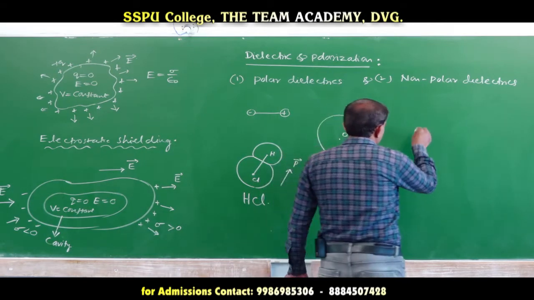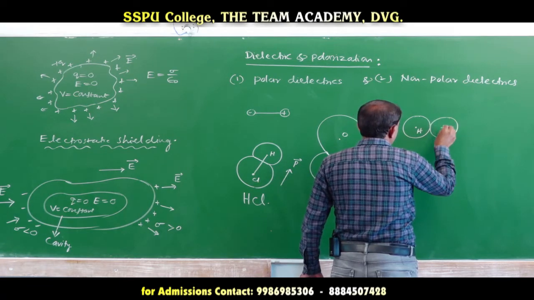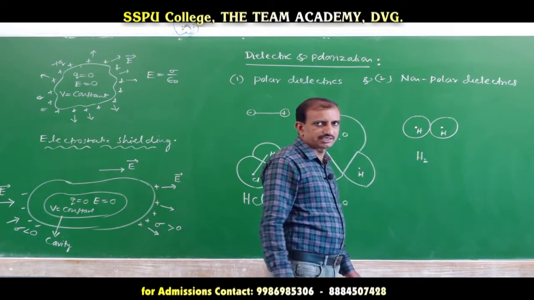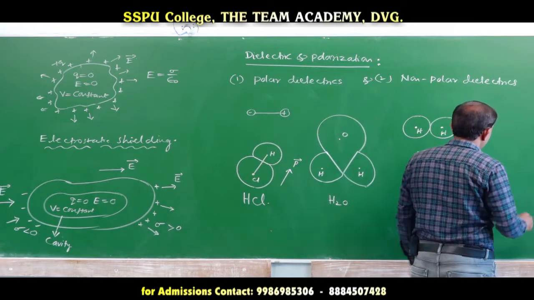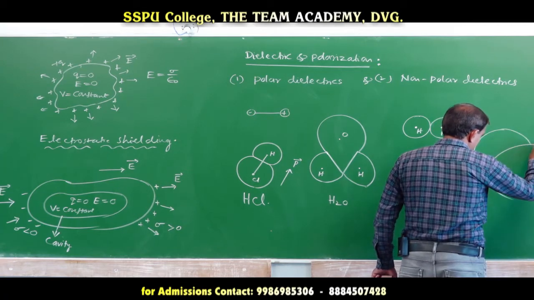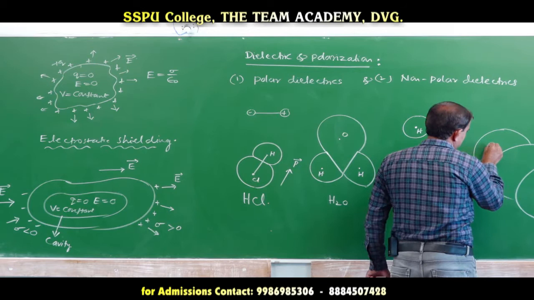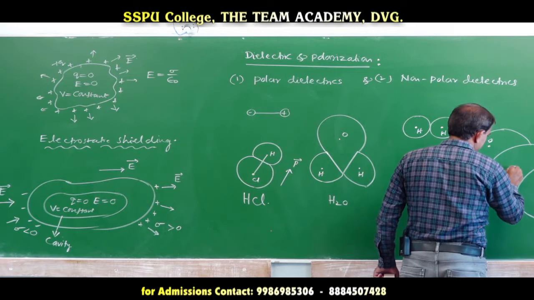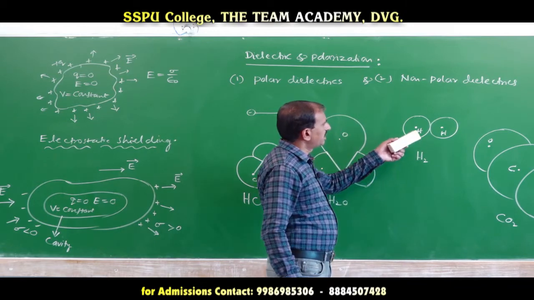In case of H2, this is H and this is H, in which the centers of positive charges and centers of negative charges coincide with each other. In case of CO2 also, the centers of positive charge and negative charge coincide with each other. This is O, this is C, this is O. CO2 is a non-polar dielectric molecule.